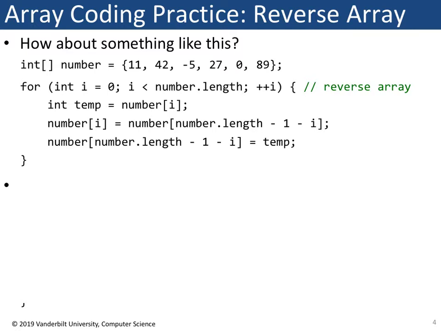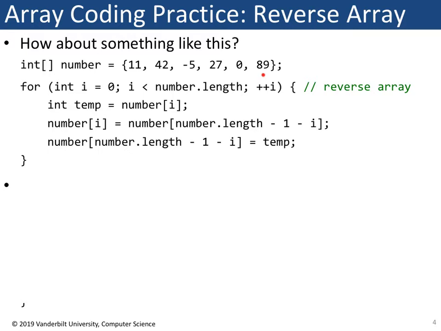So remember, for an array of length 6, like this, the maximum index is going to be 5. So the maximum index in an array is always the length of the array minus 1, because the length is the total number of elements, but we start indexing from 0.